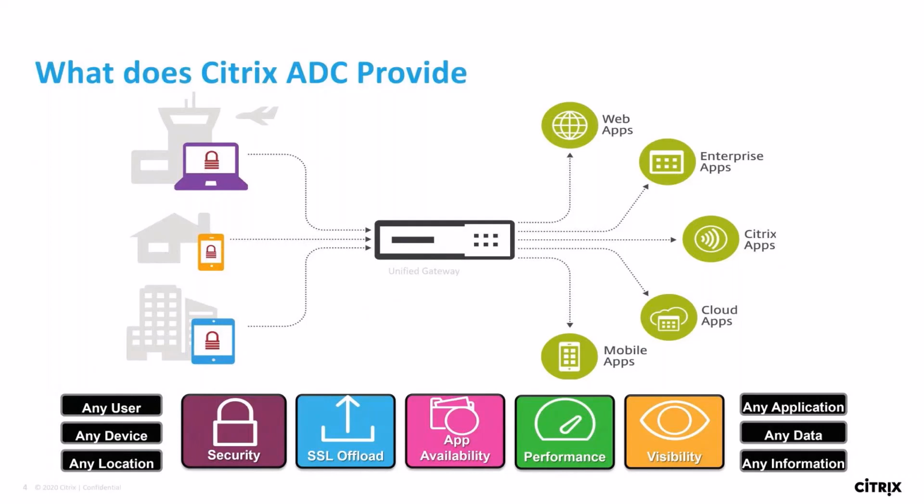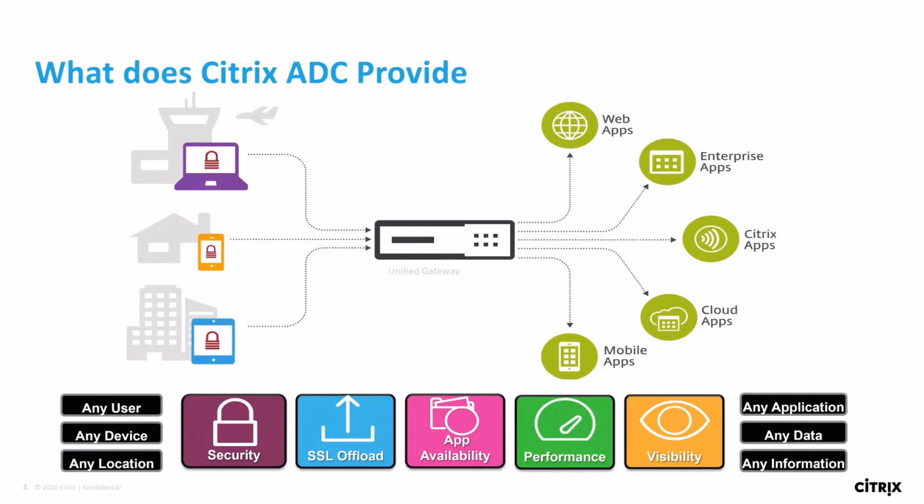As you can see in this graphic, the Citrix ADC is at the center of it all, playing the role of the middleman between your users and their critical applications. And with its unified gateway functionality, the Citrix ADC provides a single URL for users to access their applications, regardless of whether they're hosted in Citrix virtual apps and desktops, SaaS applications, or mobile applications as well. All are available from a single pane of glass for your users.